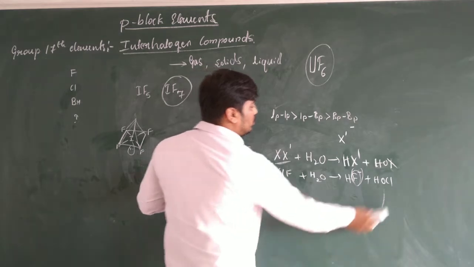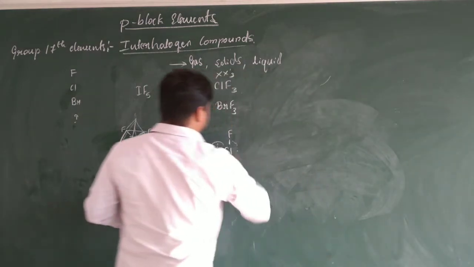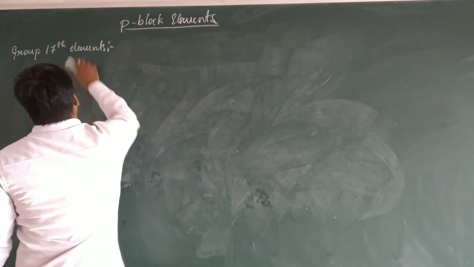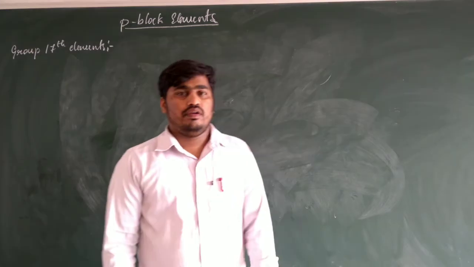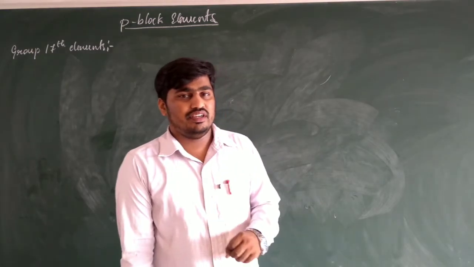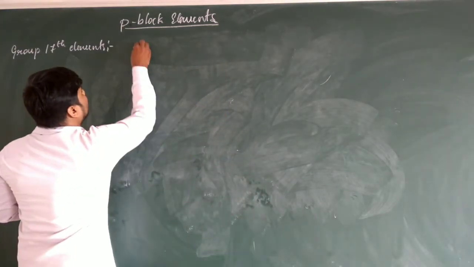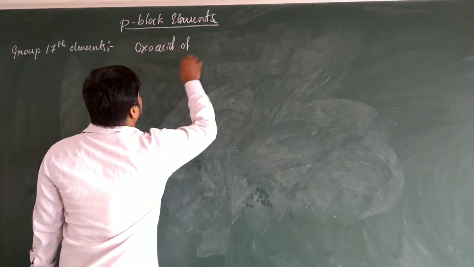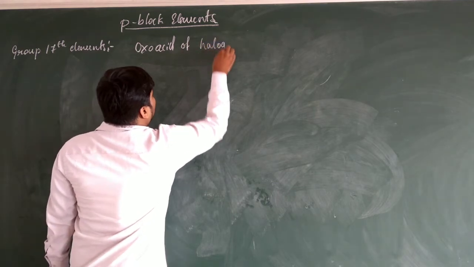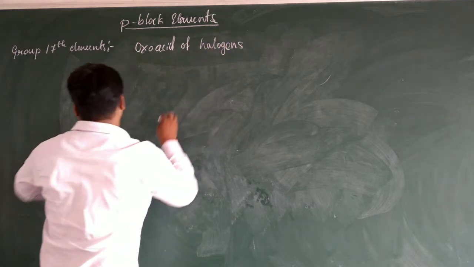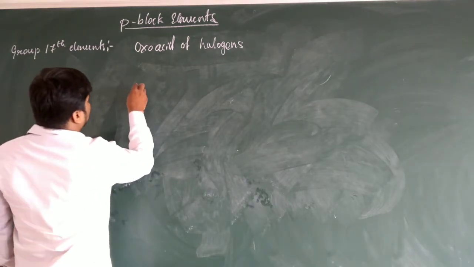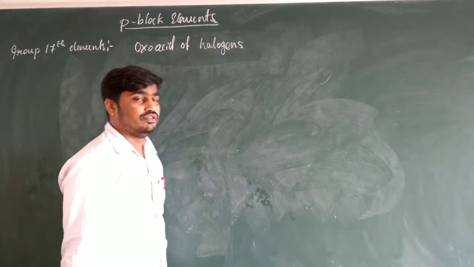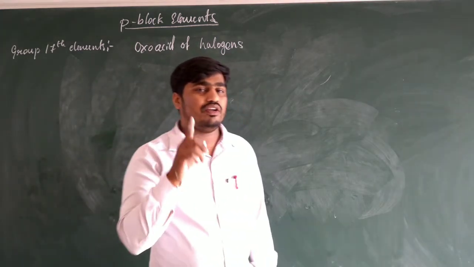Next, we move on to the oxoacids of group 17 elements. Let us discuss by considering different examples. Oxoacids of halogens are of different types. Fluorine forms only one oxoacid.